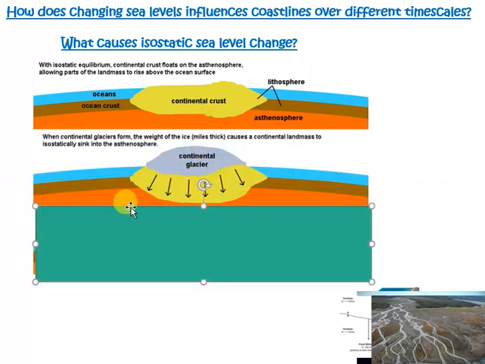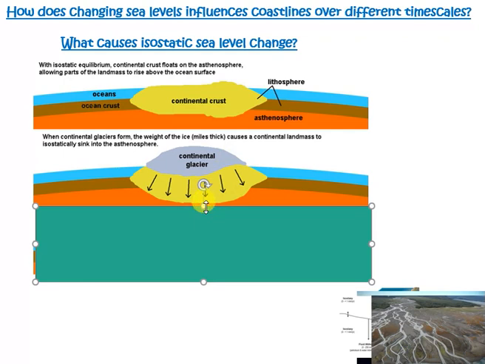So what happens is the weight from the ice cap, or continental glacier, or land ice, you must use one of those terms, the weight of it causes the continental crust underneath it to sink into the asthenosphere. So it sinks, the weight pushes it down.